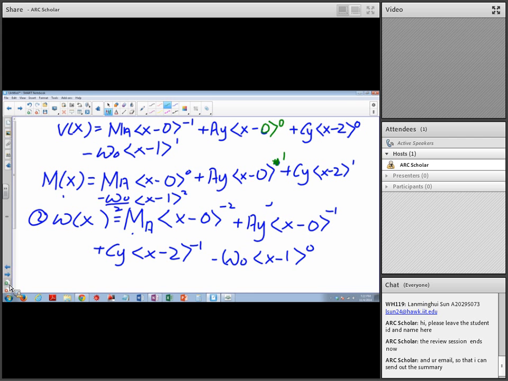Okay. Is everyone okay with the integration part? You know when you need to divide by 2, right? This part is okay, right?